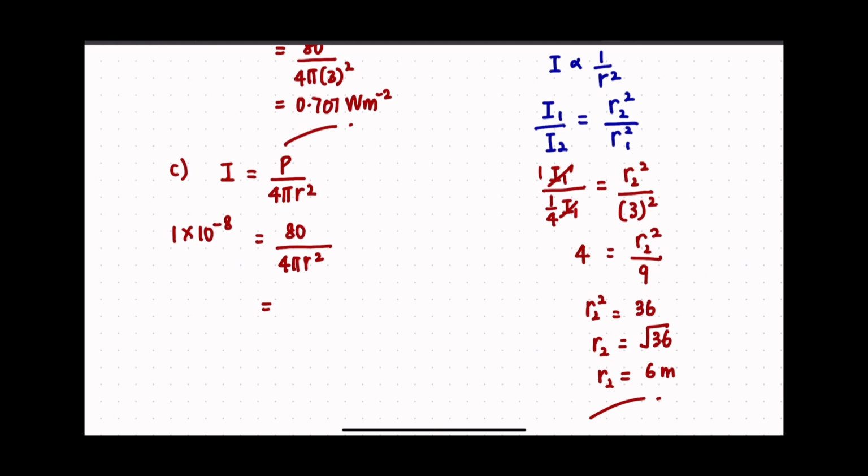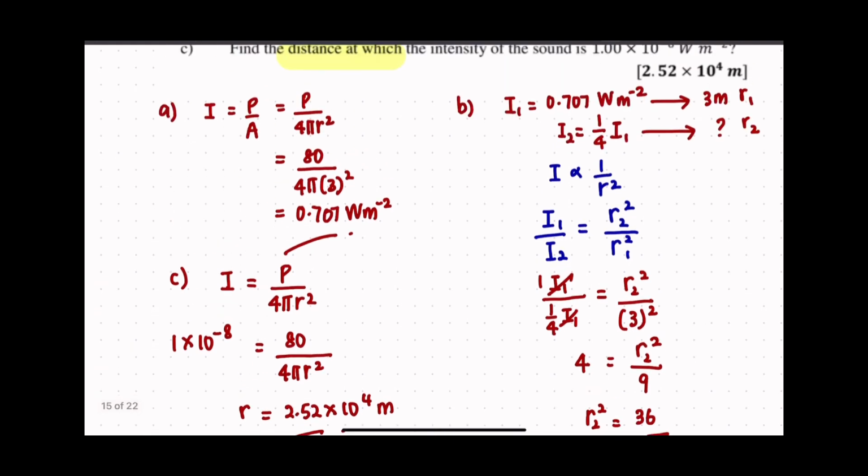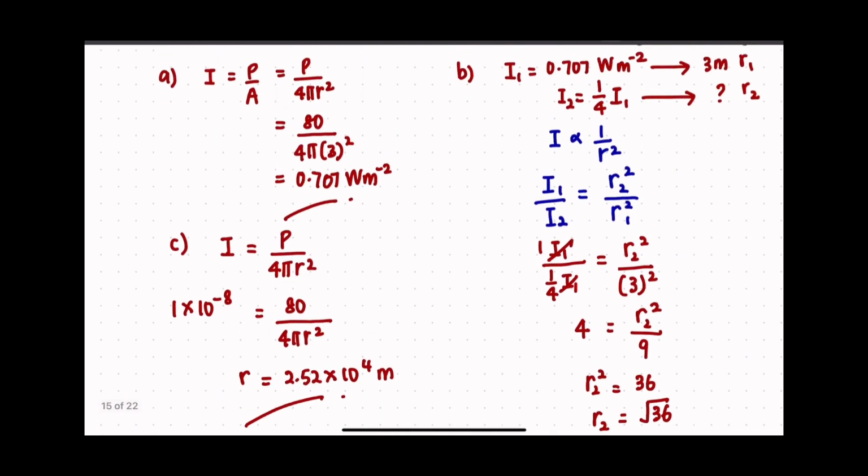That's the answer. So you will get 2.52 times 10 to the 4 meters. Okay, so you get the answers.